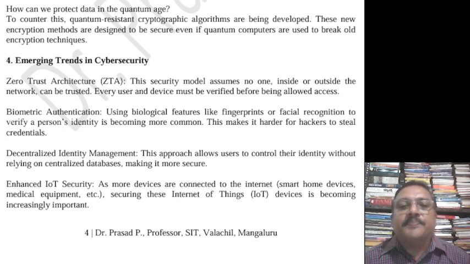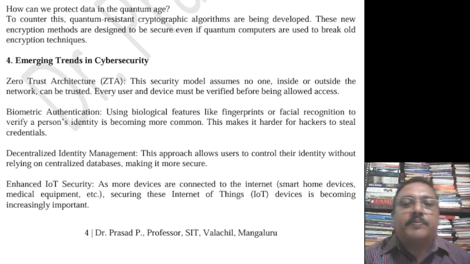Biometric authentication, using biological features like fingerprints, facial recognition, or eyes. These are very personal identities, and it has become very common. It makes it harder for hackers to steal credentials.